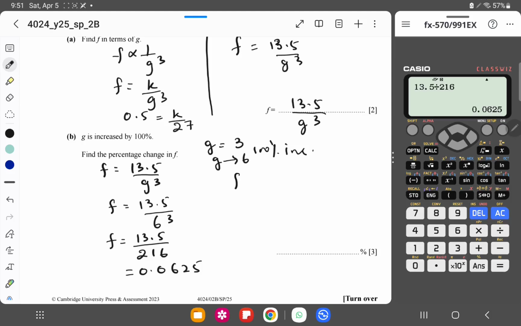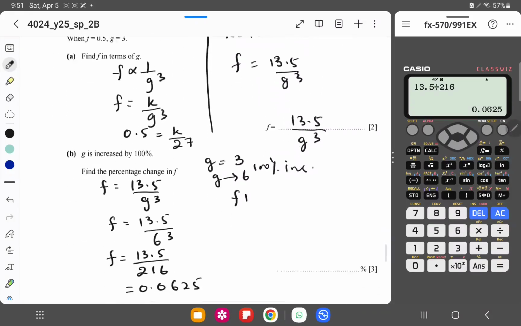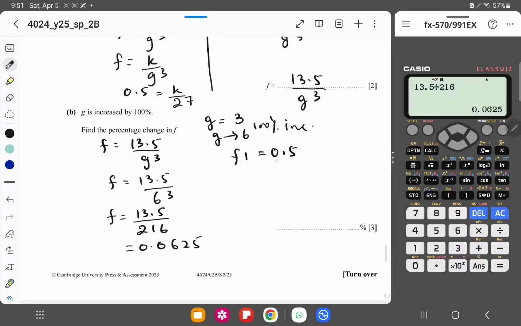Okay, so f1 was 0.5, and now the other f is 0.0625. Percentage change is equal to the difference upon the original, multiplied by 100.